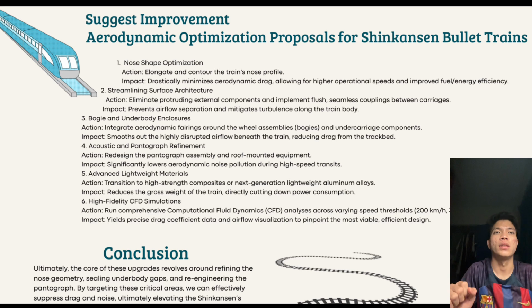In conclusion, the improvements mainly focus on optimizing the nose design, improving airflow underneath the train, and reducing noise. By implementing these strategies, the train can achieve higher speed, better efficiency, and improved overall performance.